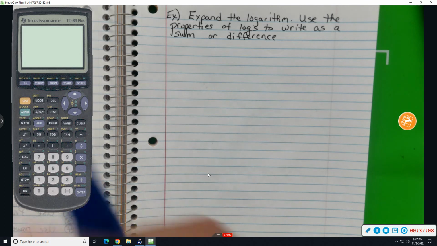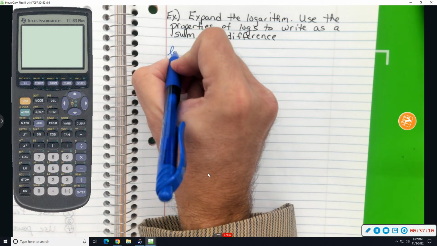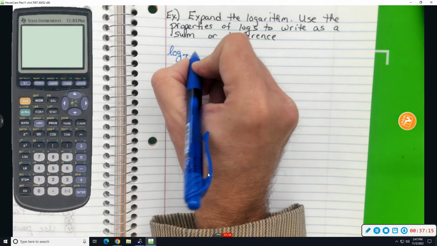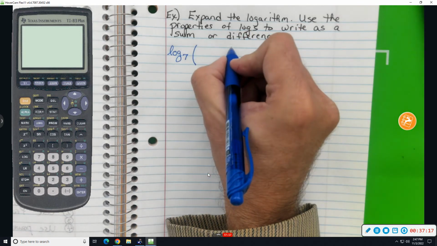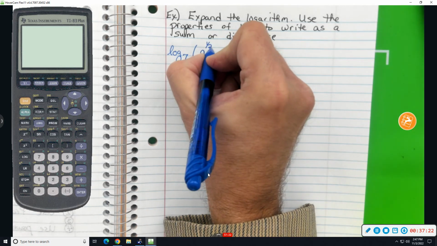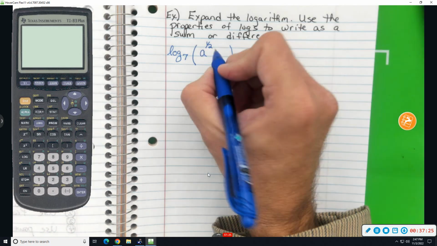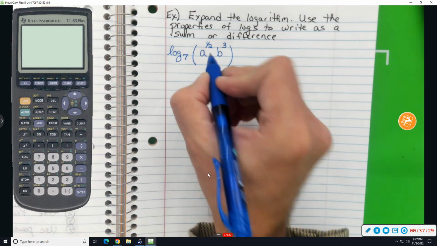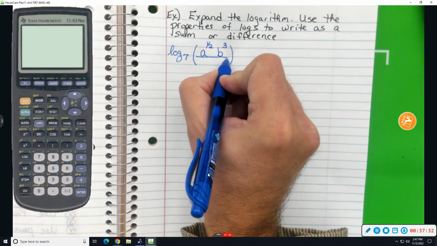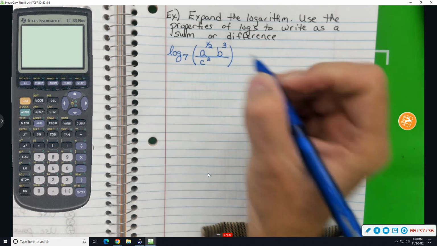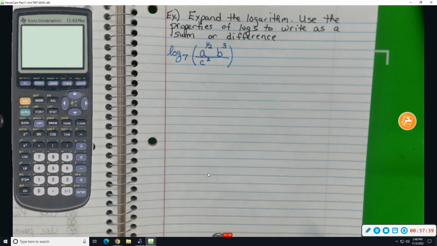So here's log base 7 of a to the 1/2 power, b to the 3rd power, all over c squared d.